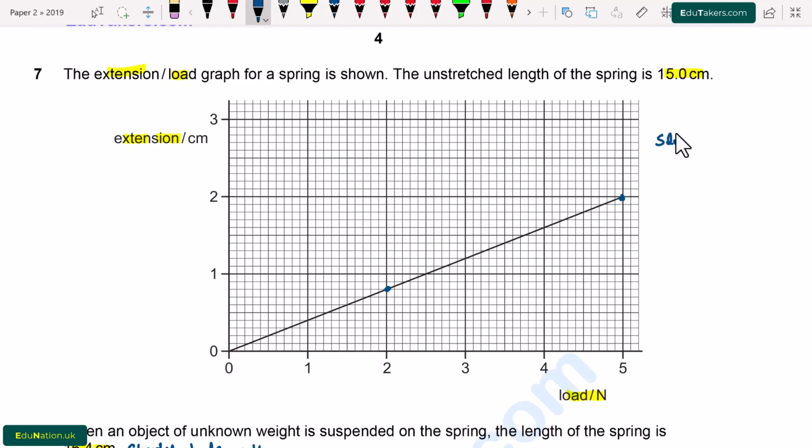Now slope will be equal to delta y over delta x. First of all, I join these points with the axis and find out the value of the extension and load.